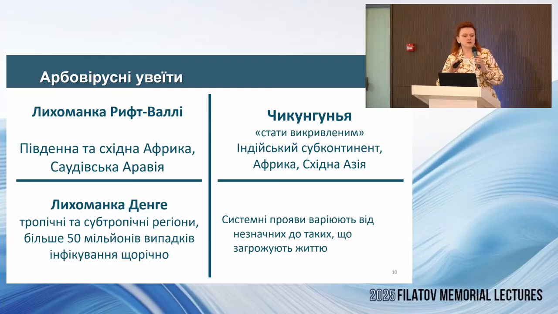And here are indeed rare cases of uveitis which started to be found in Ukraine. These are uveitis caused by arboviruses. Arboviruses cause Rift Valley fever, which is endemic for South and East Africa and Saudi Arabia.